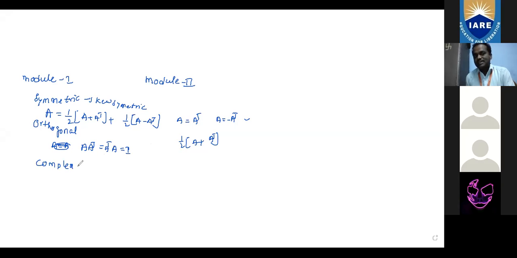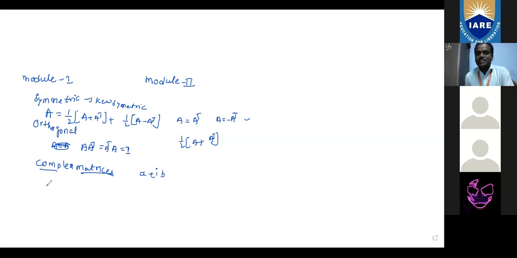Complex matrices are matrices whose elements are complex numbers, of the form A plus iB or A minus iB, arranged in rows and columns. That is called a complex matrix.